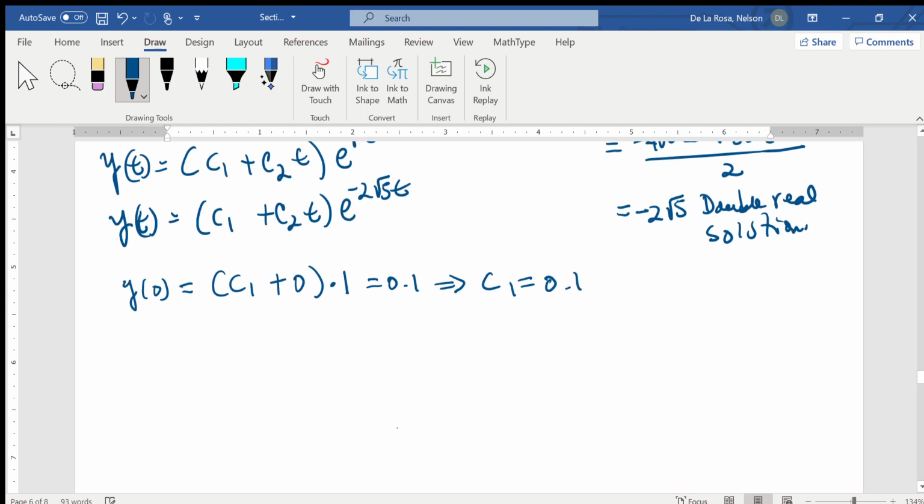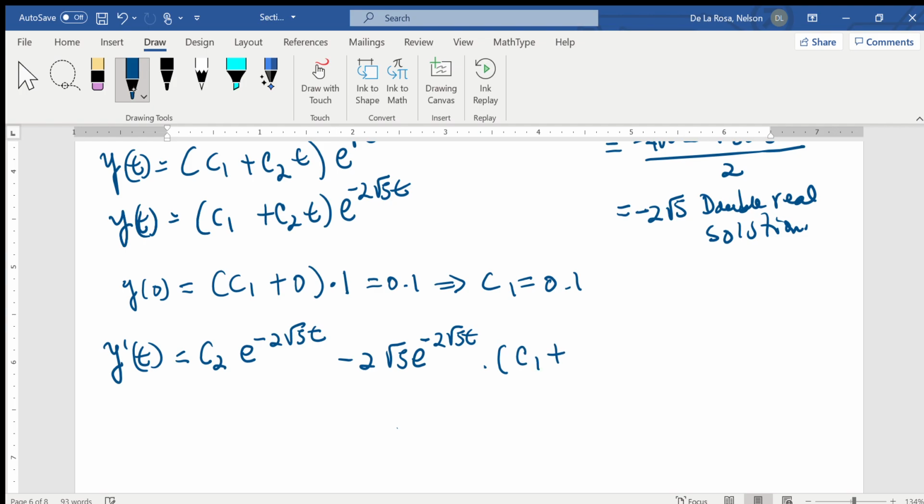Now, to find the value of c2, we have to differentiate, and for this reason we have to apply the product rule: derivative of the first times the second, plus derivative of the second times the first.